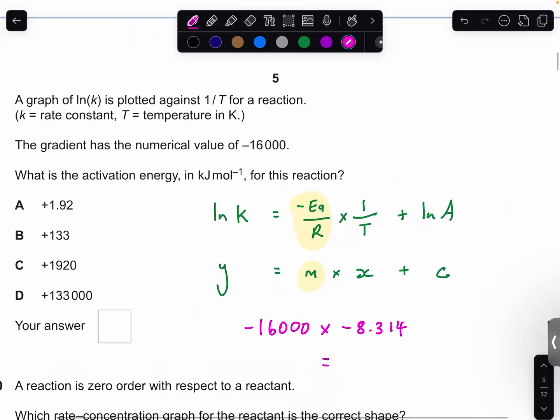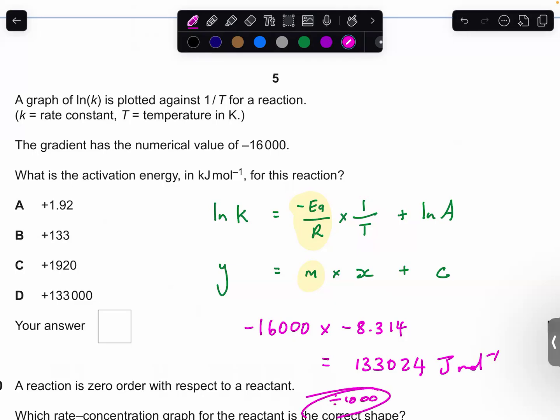This gives us 133,024. But the thing is, this is in joules per mole. And to convert joules to kilojoules, we need to divide by 1,000, which will give us the answer B.